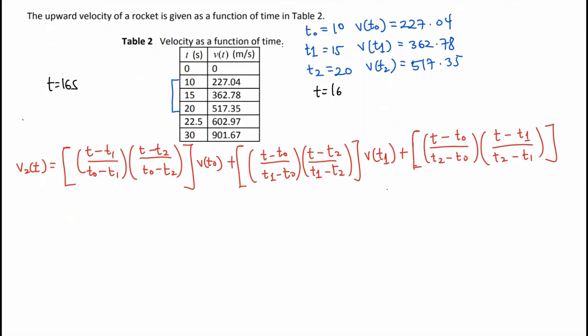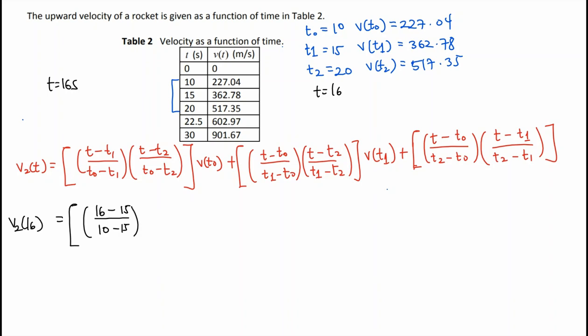Alright, so you're going to have v2 of 16, right? So you're going to have the product of t minus t1, that will be 16 minus 15, divided by t naught, which is 10, minus t1, which is 15.